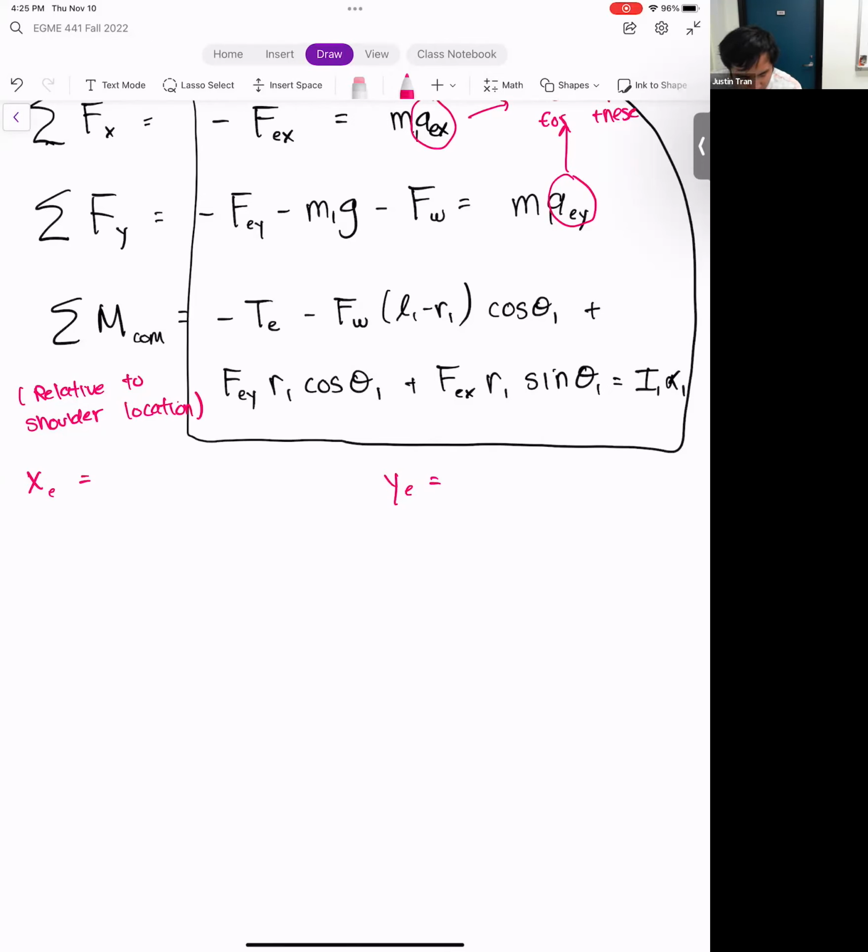And so from the shoulder, we have to cross through the upper arm as well as halfway through the lower arm. So we say X E here is L2 cosine theta 2 plus R1 cosine theta 1.